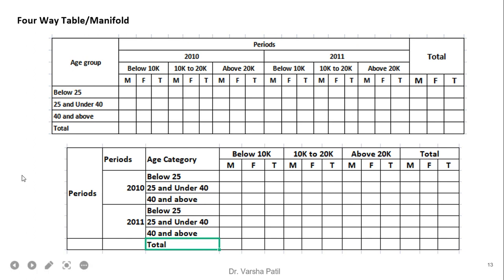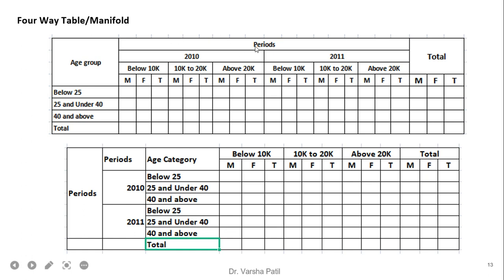Now see this diagram. Here it is not compulsory that we should draw that diagram in a particular way. It's all depend on us how we want to present the data. Now see these two diagrams or two tables for the same problem. So here age feature or age category comes here.